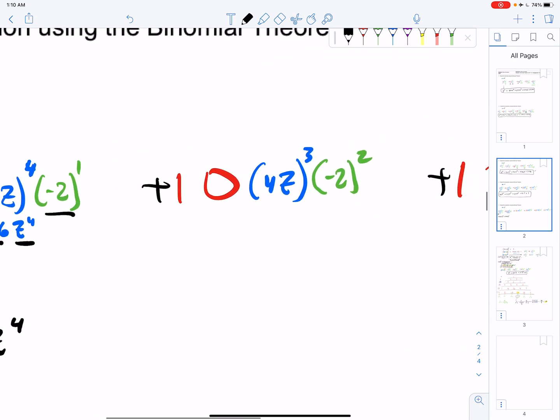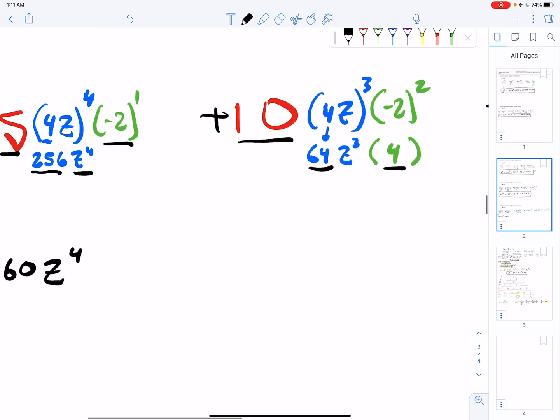Next, in blue, I've got a 4 to the third power. So that's 4 times 4 times 4, which is 64, and a z to the third power. Now in green, I've got negative 2 to the second power, so negative 2 times negative 2 is 4. So what I need to multiply is 4 times 64 times 10.